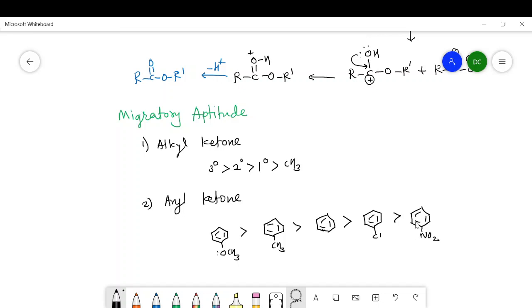So this is how we observe the migratory aptitude in aryl ketones.